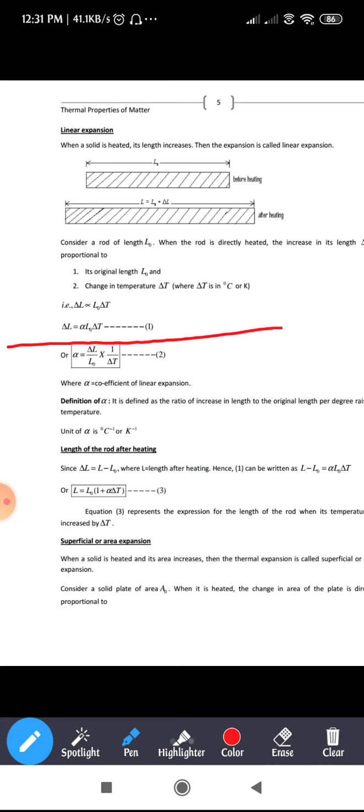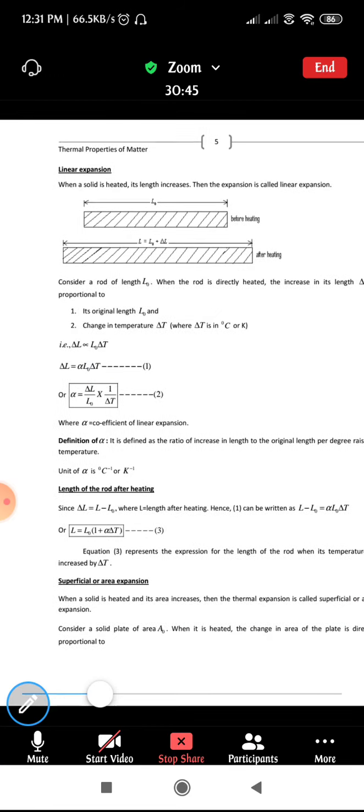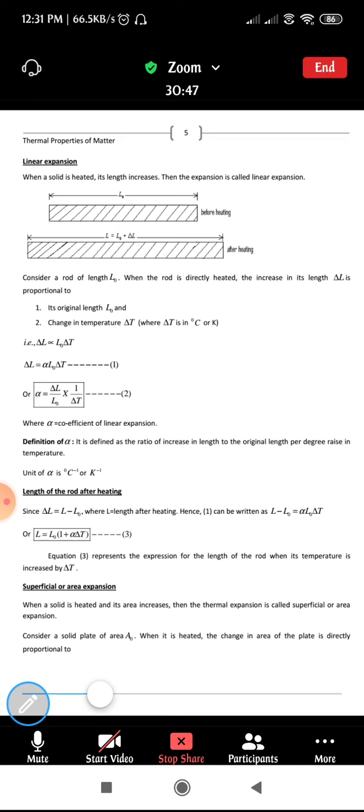Alpha is called the coefficient of linear expansion. It is the constant we added, and we call it the coefficient of linear expansion. It is defined as the ratio of the increase in length to the original length per degree rise in temperature.